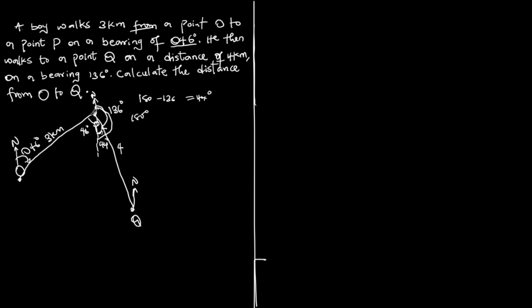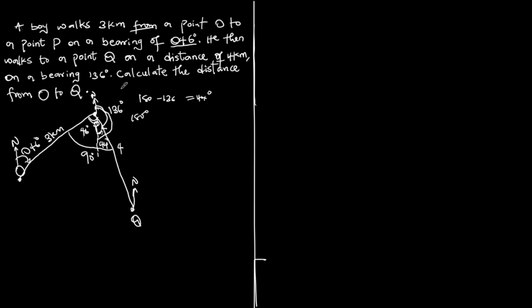And if this is 46 degrees and this is 44 degrees, the whole of this space will be 46 plus 44, which is 90 degrees. So if this is 90 degrees, it means it is a perpendicular angle, an angle of 90 degrees or a right angle.